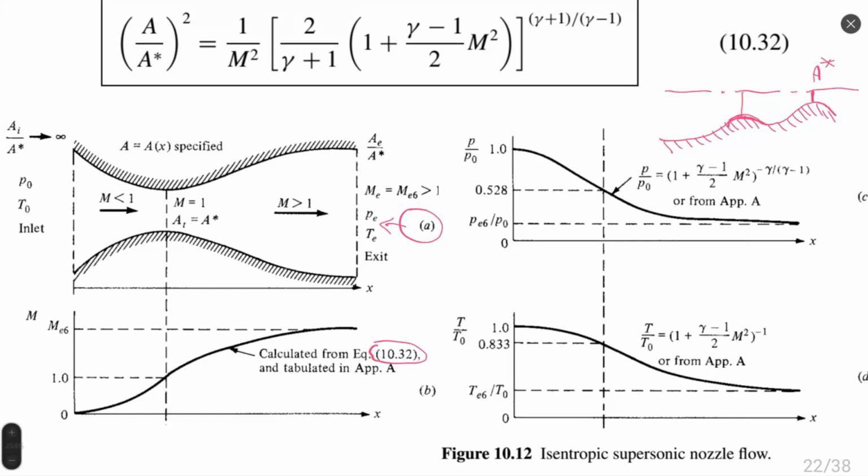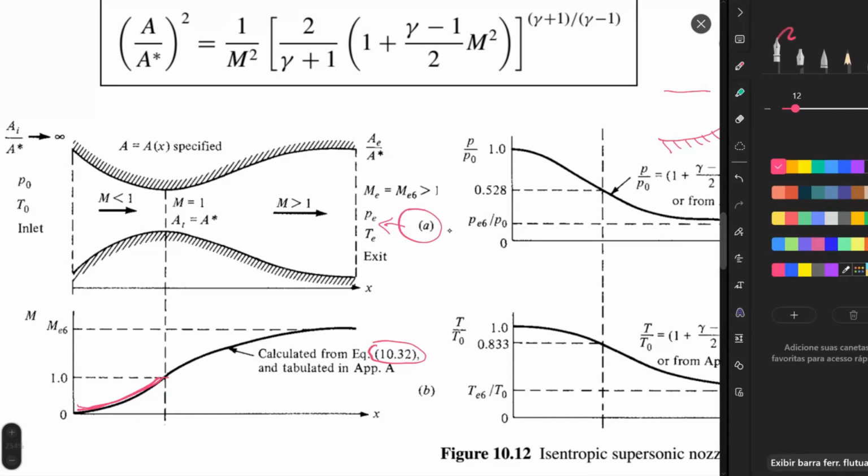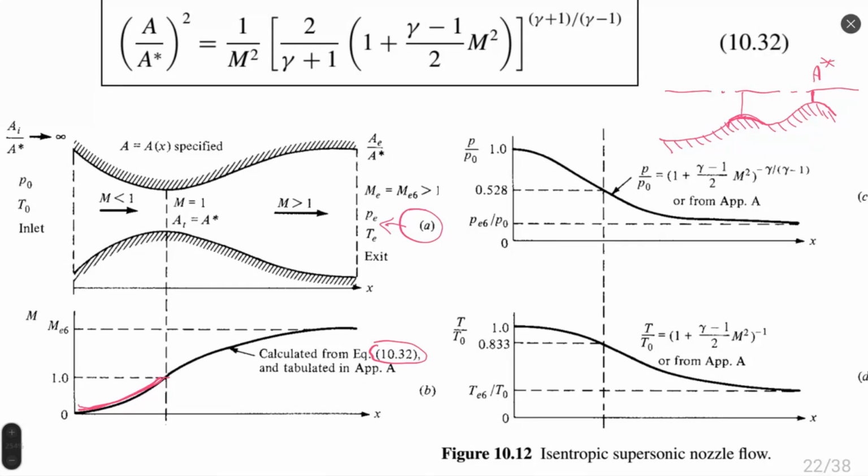How to check if this solution was correct or not? Once you solve, the left part before the throat should be subsonic Mach number, and the right part, let me choose another color, will be supersonic Mach number. So you should receive such a solution.